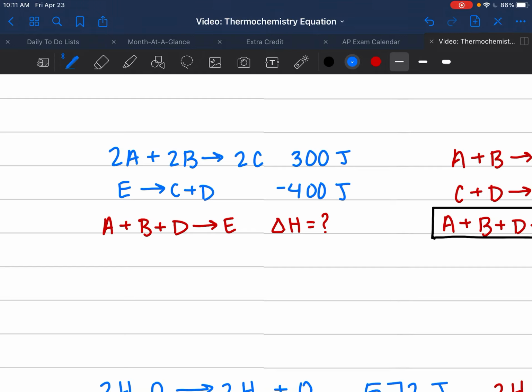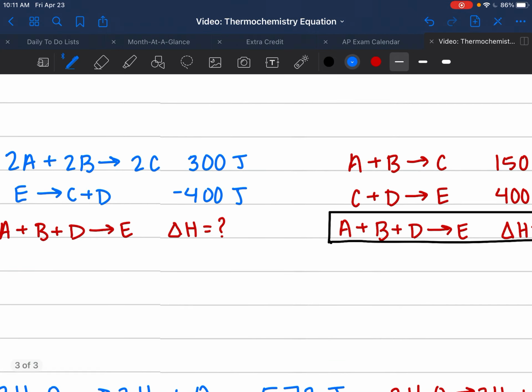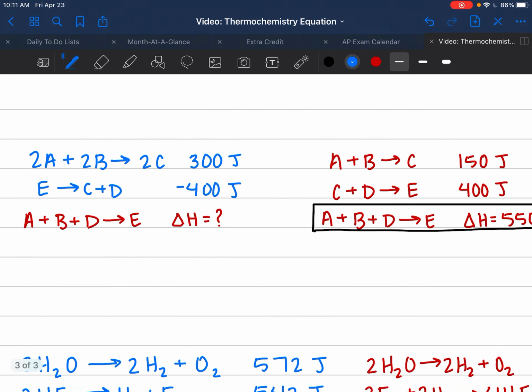So A plus B plus D yields E, and we want to know what that enthalpy change would be. So the first thing I would do, if I knew that I wanted A plus B in the final product, and I had 2A plus 2B for our options, I can just go through and divide those by 2.